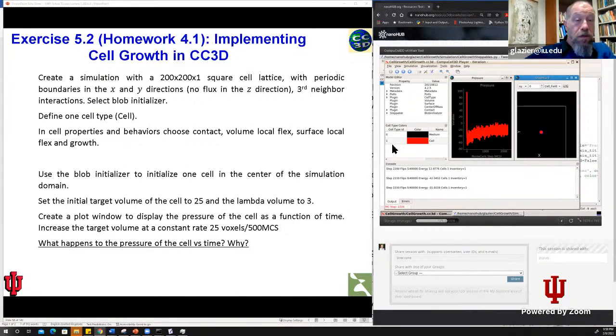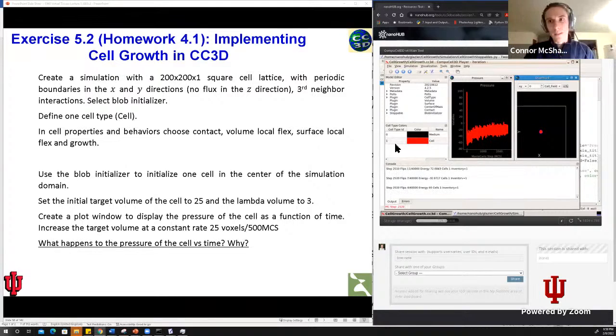And the answer is not much. For me, it starts off not doing much and then starts to reach higher and higher negative values. So it's increasing. I'm not sure if I did something wrong.